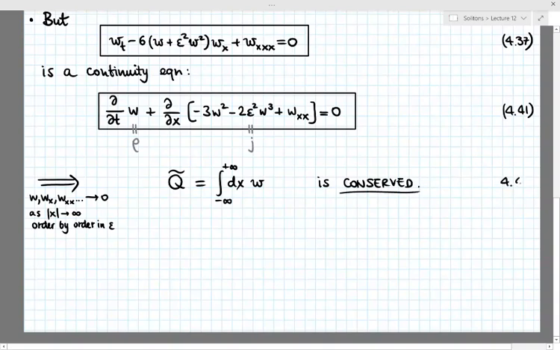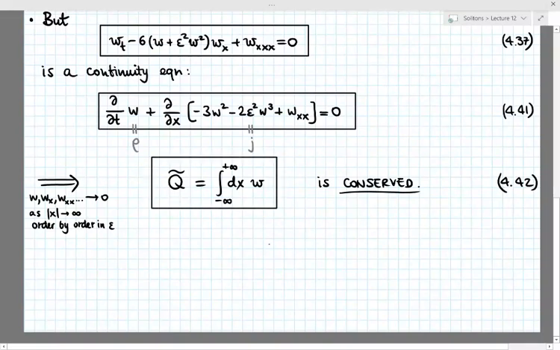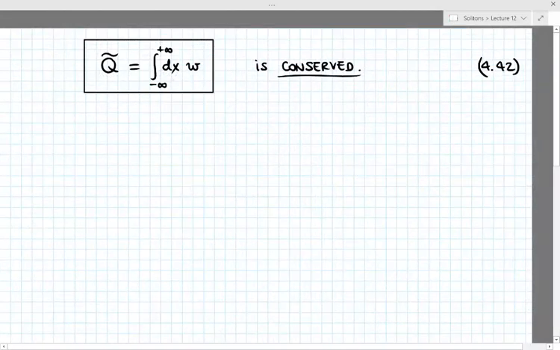That's equation 4.42. Good. Qtilde is a conserved charge.